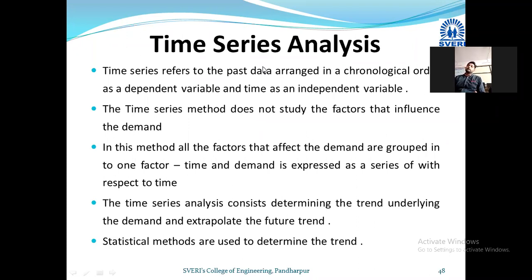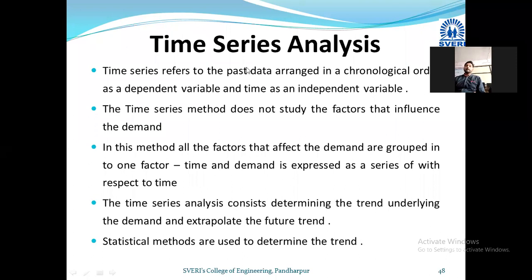And if the product demand is decreasing over the large time period frame, then we can say that the trend of a product is negative in the market. And once the trend is determined, it will be easy to make the forecasting of demand for the future.